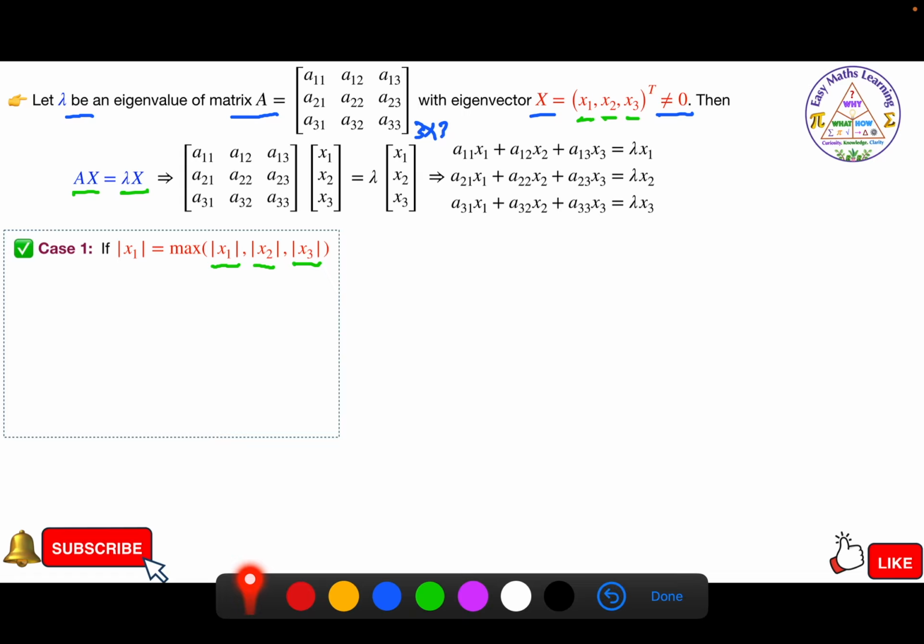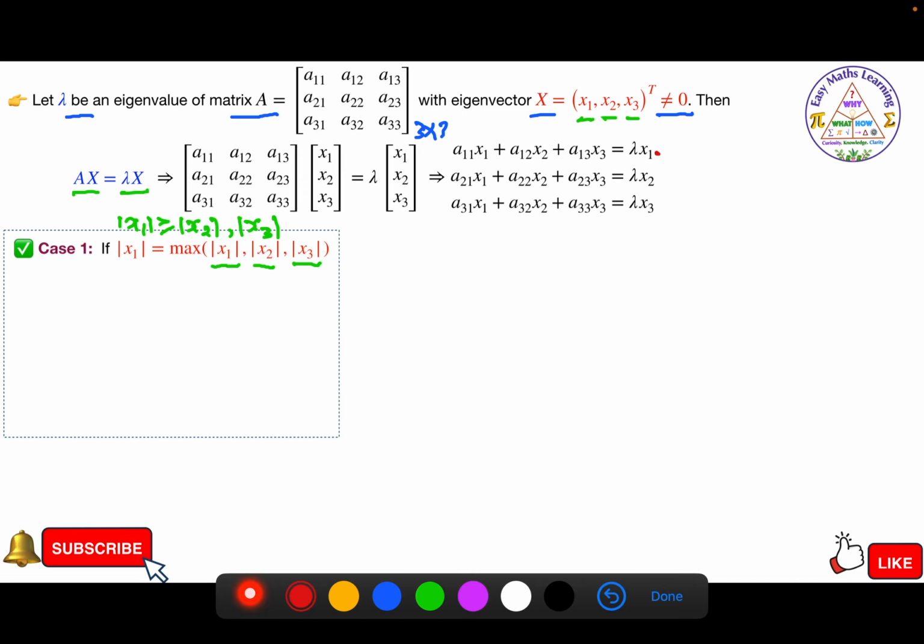So we consider three cases based on that, and in the first case we assume that modulus of x1 is maximum. It means that modulus of x1 is greater than or equal to modulus of x2, and it is also greater than or equal to modulus of x3. It means x1 has maximum magnitude.